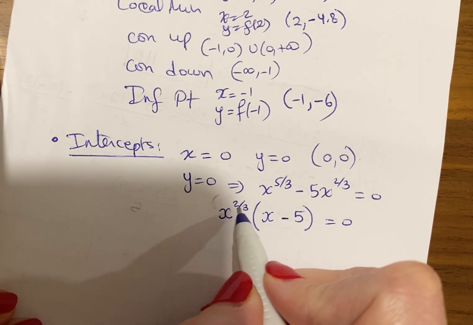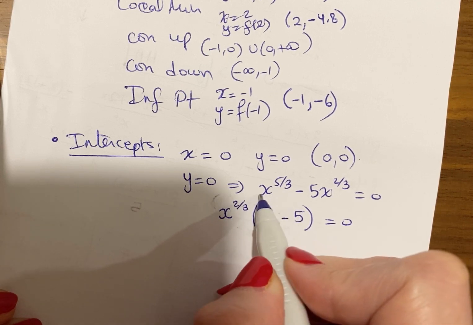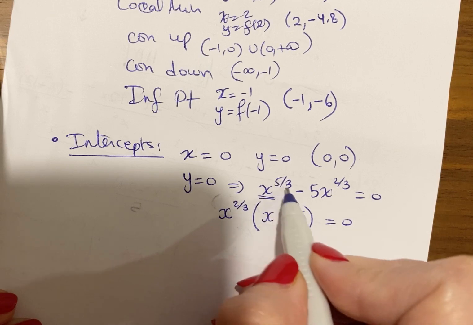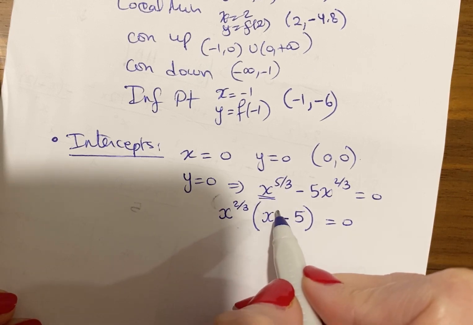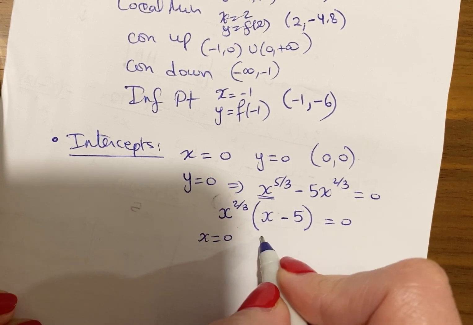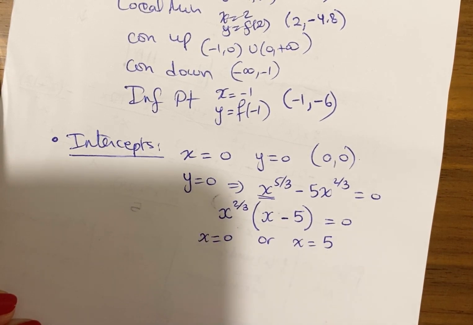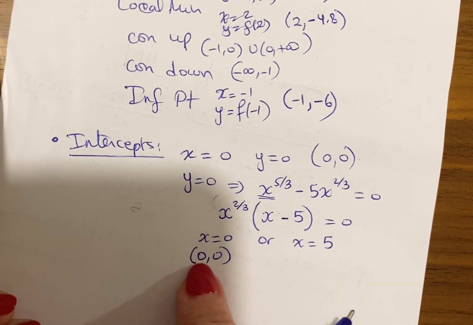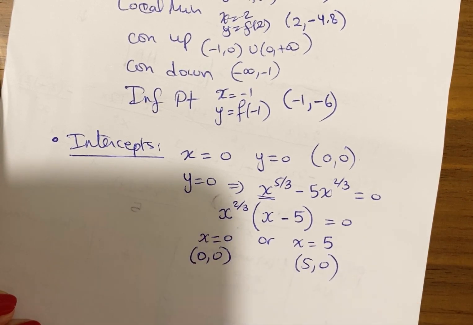Because when I take x to the power 2 over 3 as a common factor from this one, I subtract from the power 5 over 3 minus 2 over 3, 3 over 3, which is 1. When is this equal to 0? When x equals 0 or when x equals 5. So we have two x-intercepts. 0, 0 by default, and 5, 0 is the second one.